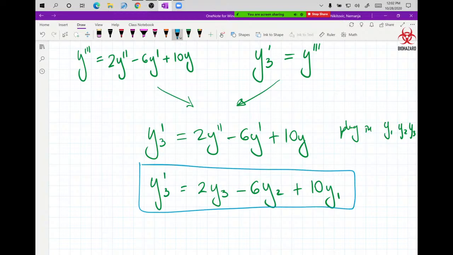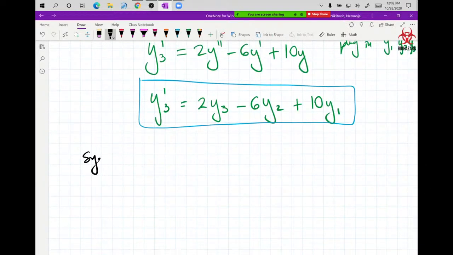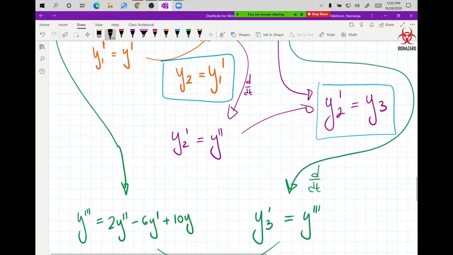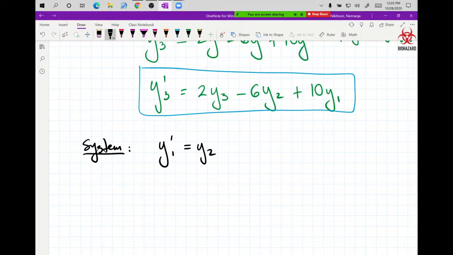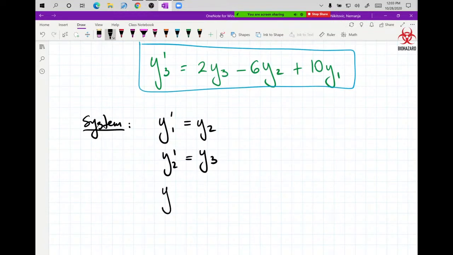So now we have all three equations. So here is your first order system, where only first derivatives are present. y1 prime was y2. y2 prime was y3. And y3 prime is 2y3 minus 6y2 plus 10y1. Ta-da! No y's. They're all y1, y2, y3, new functions that we used.